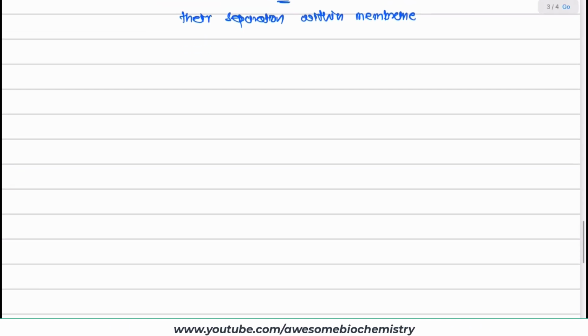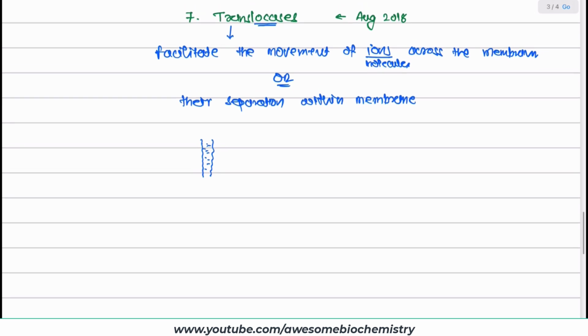So schematically, suppose this is the cell membrane or any other membrane. This class of enzyme, translocases, will be located as ion channels, or it may be a protein part also.